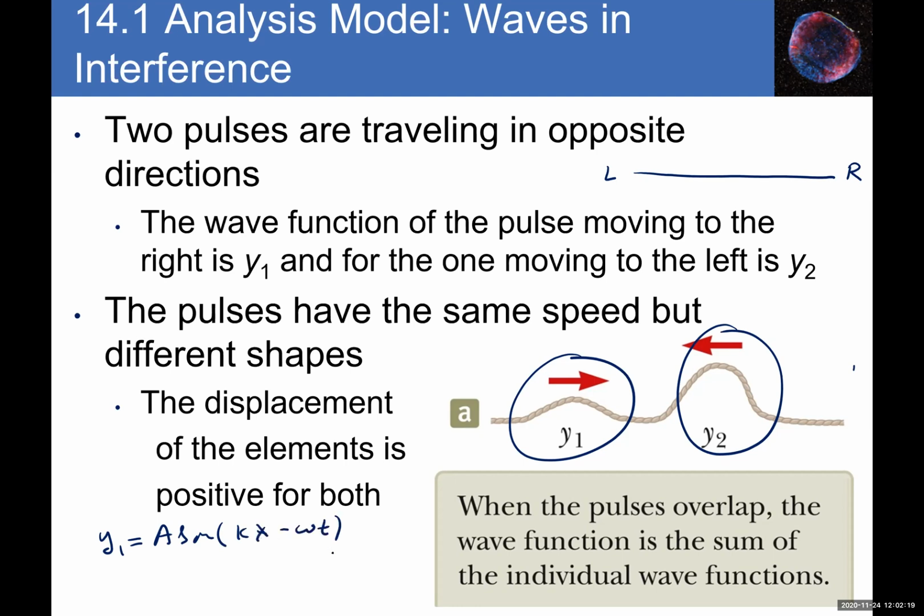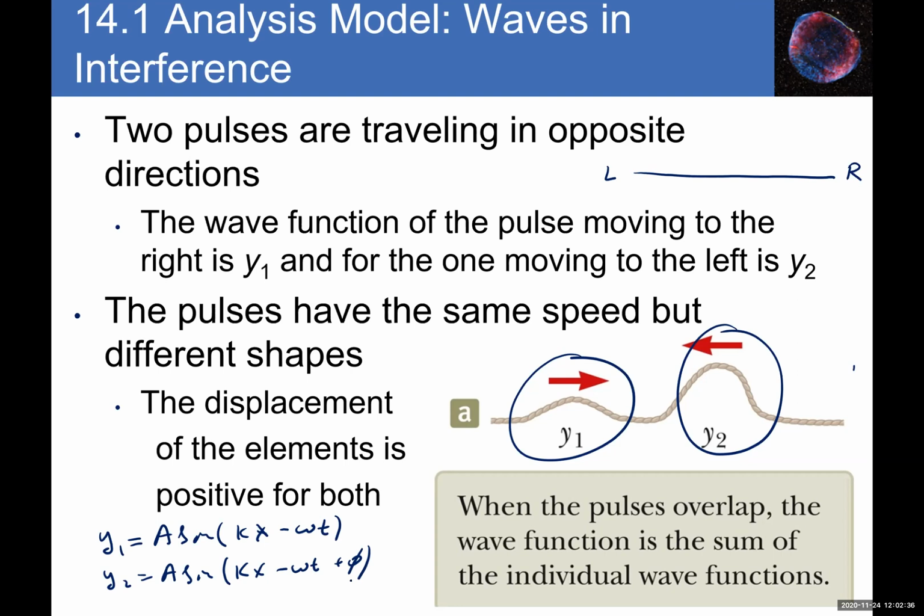And then the other one is a sine of kx minus omega t plus phi, assuming that there's a little bit of phase shift between them.